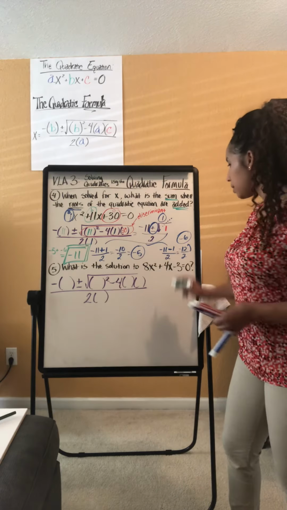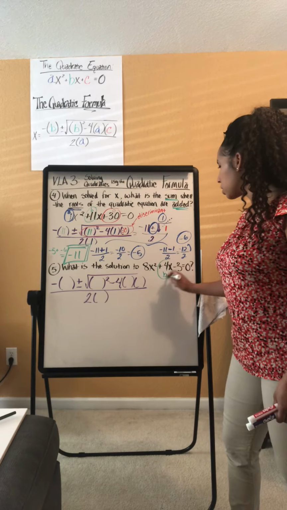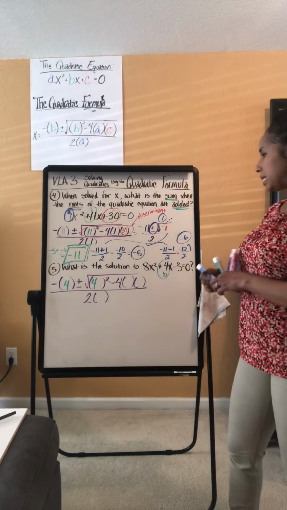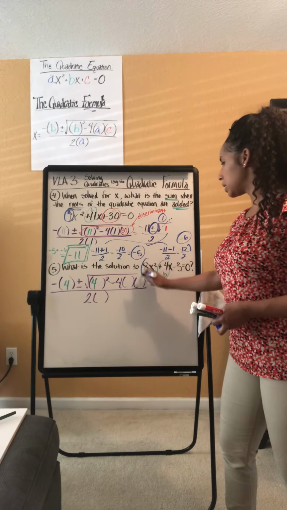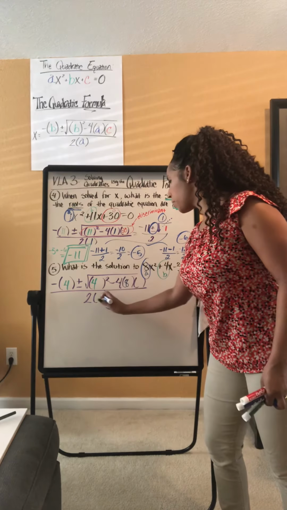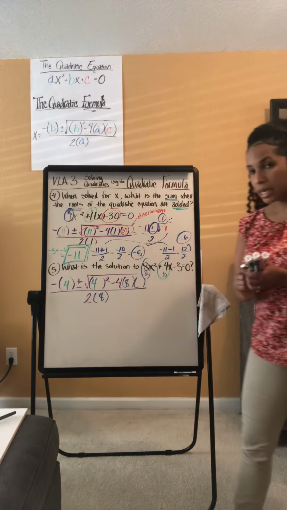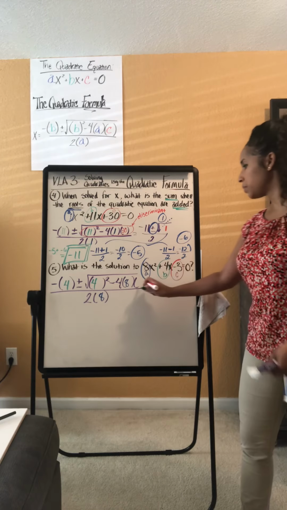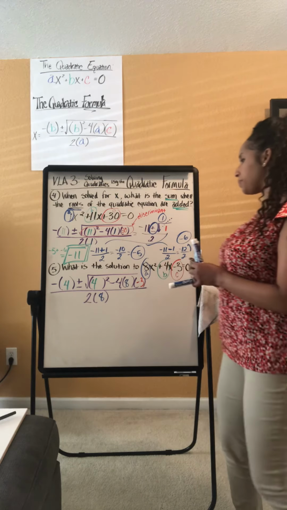2 B's, my B is the number 4. 2 A's, my A is the number 8. And 1 C, and my C is the number negative 3.